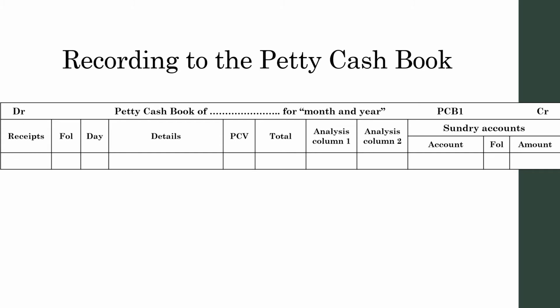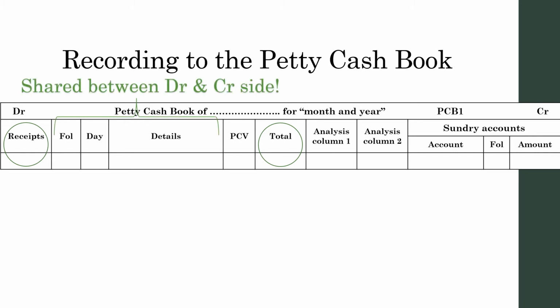You record receipts in the receipts column on the debit side, and the small cash payments made from petty cash you record in the totals column on the credit side. The volume, day and details columns are shared between the debit side and the credit side.